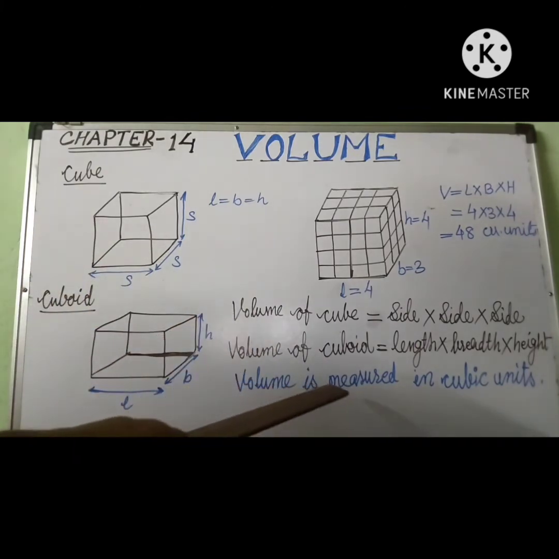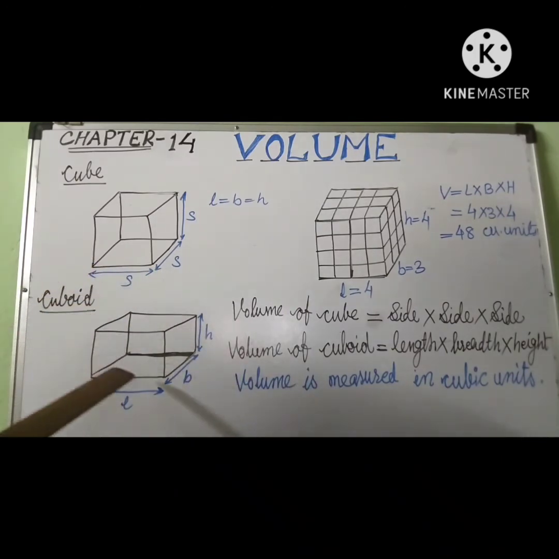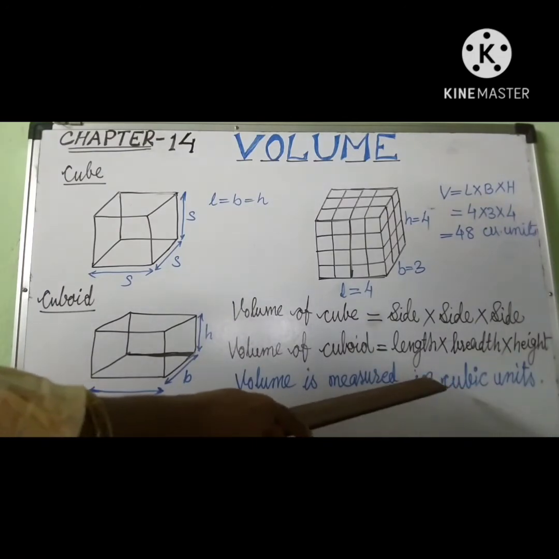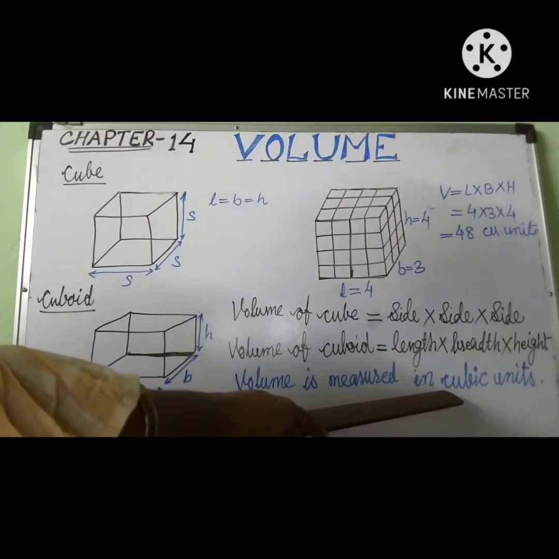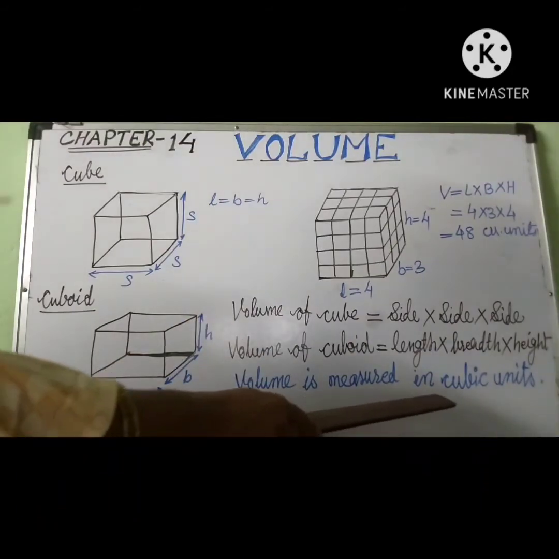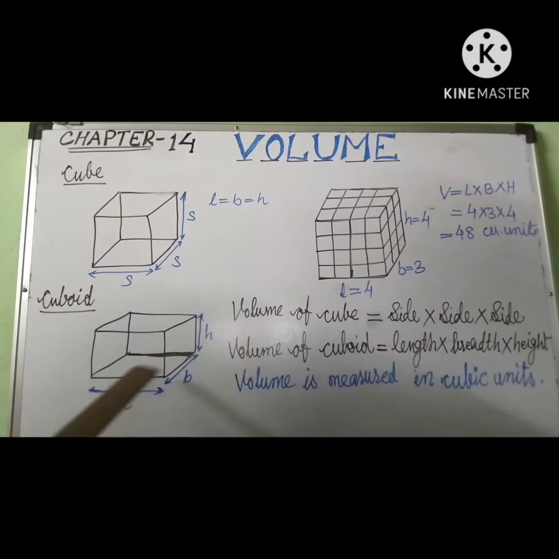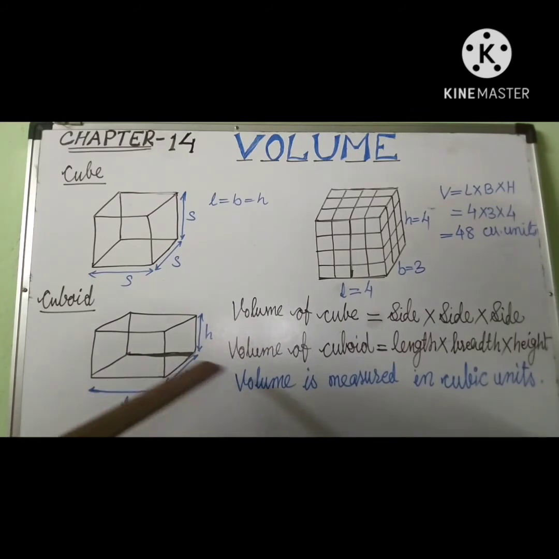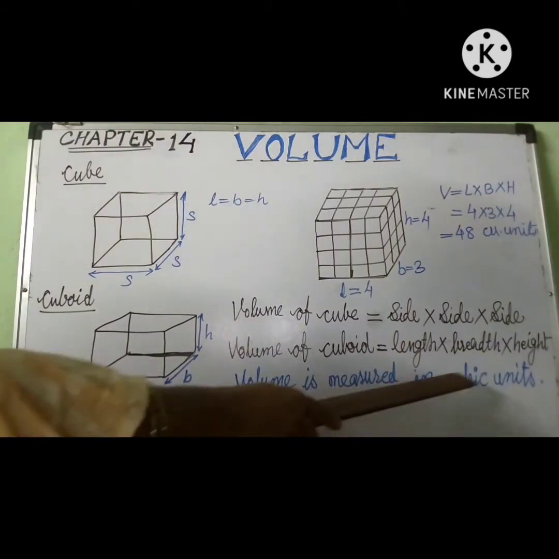So volume of cube or cuboid is measured in cubic units. Cubic means 3 times. So cubic units means length, breadth and height. We have 3 dimensions. That's why volume will be measured in cubic units. If the length is in centimeter, volume will be cubic centimeter. If the length is in meter, volume will be cubic meter.